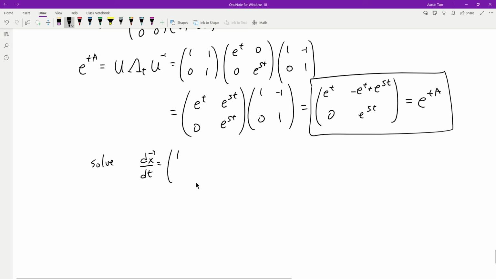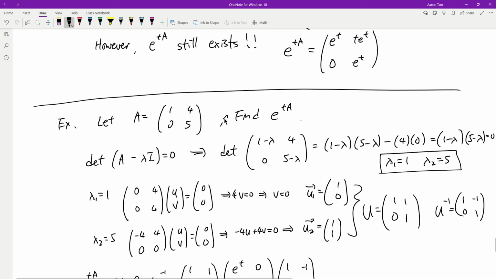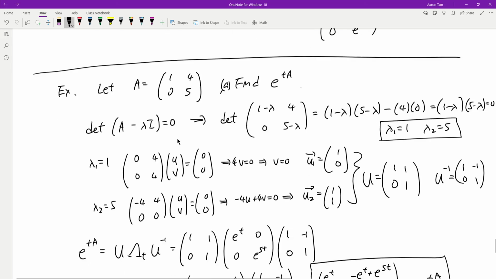And I'm just going to make up an initial condition. So now what would the answer to this be? I'm going to call this A just for easy reference.